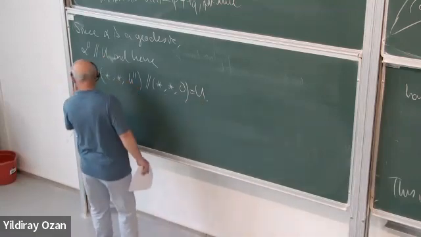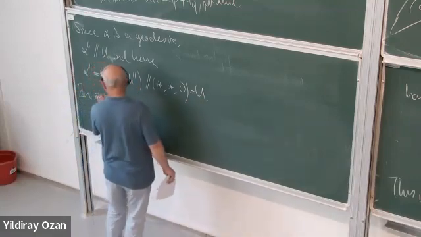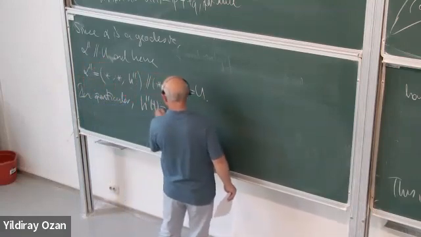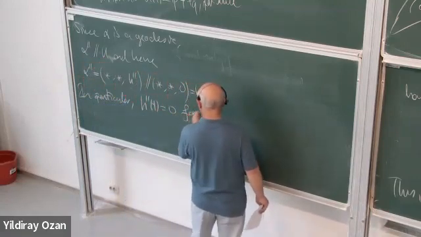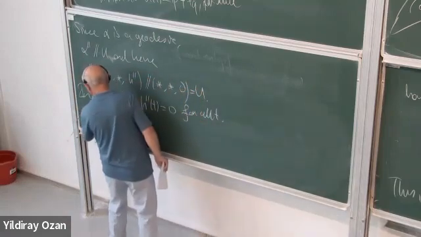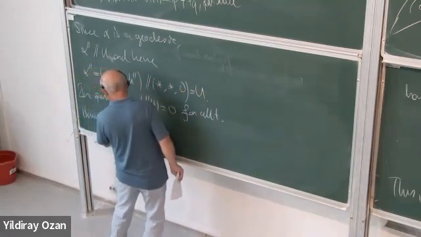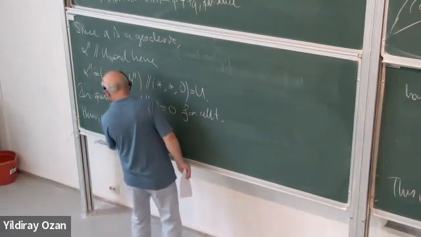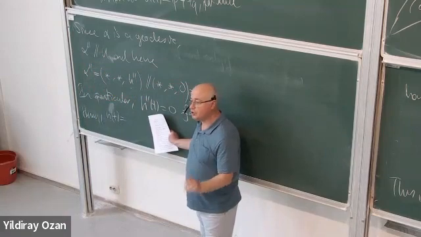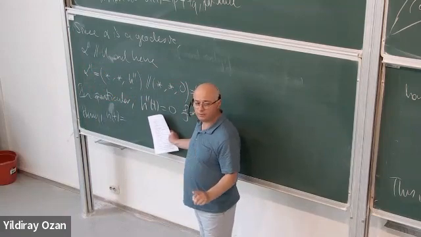In particular, h double prime(t) must be 0 for all t. Hence h(t) is a real valued function of t whose second derivative is 0.